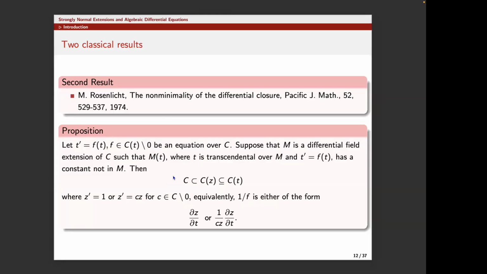It says: if you have an equation t' equal to f(t) over C, the field of constants, and suppose that M is a differential field extension of C such that M<t>, where t is transcendental over M and t' equal to f(t), has a constant which is not in M. Then C<t> has a differential subfield C<z> where either z' equal to 1 or z' equal to cz for some non-zero c in C, which is equivalent to 1/f being of this form.